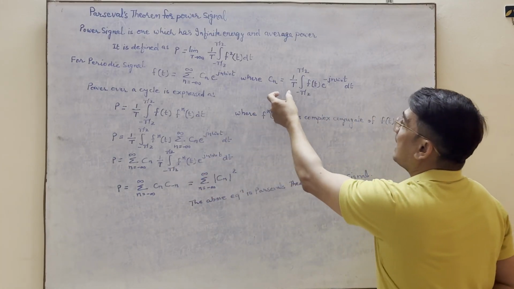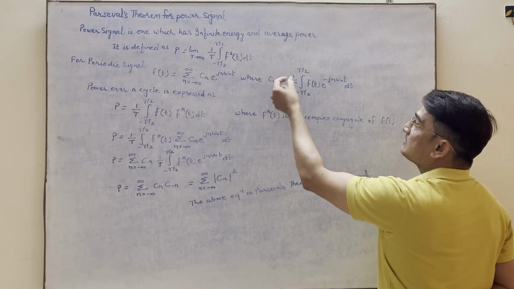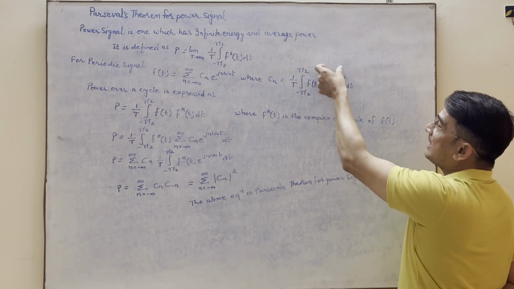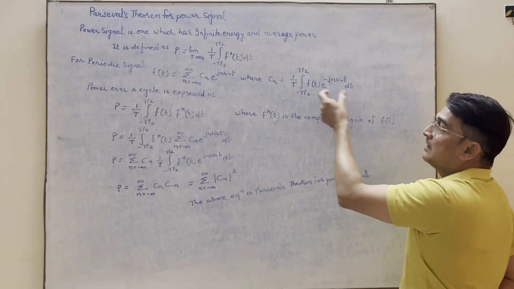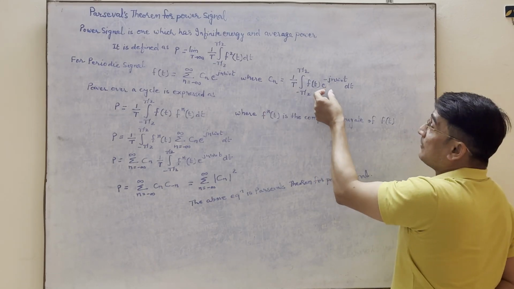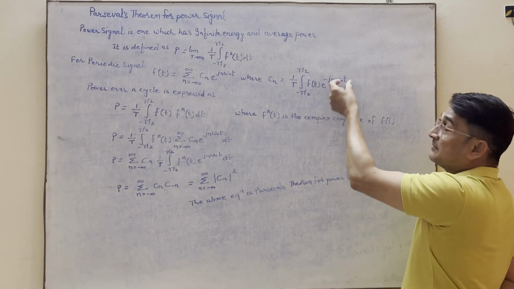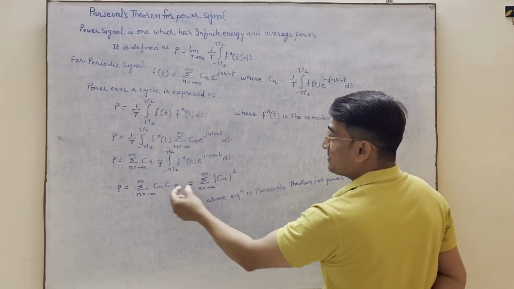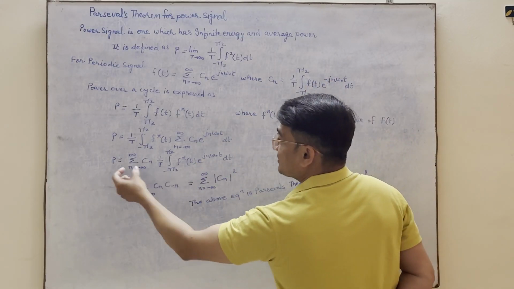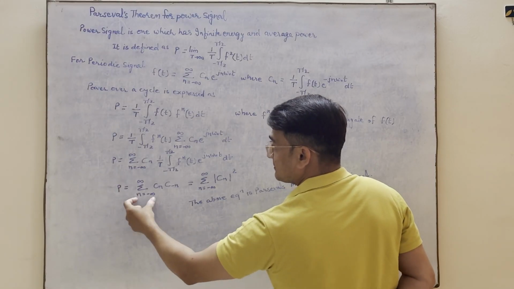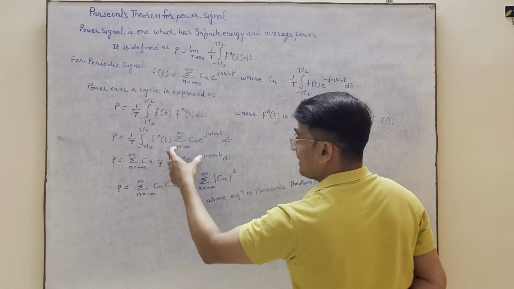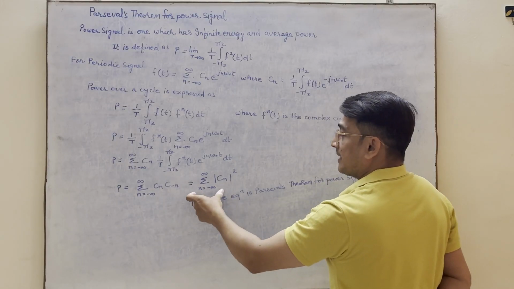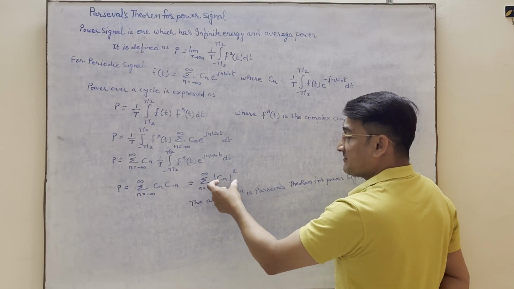As you can see, Cn is equal to 1 by T integral minus T by 2 to plus T by 2 of f(t) e to the power minus j n omega naught t dt. So now if this e to the power something is positive, this becomes C of minus n. So P is equal to the summation n equals minus infinity to infinity of Cn, and this part becomes C of minus n, which can be written as mod of Cn square.